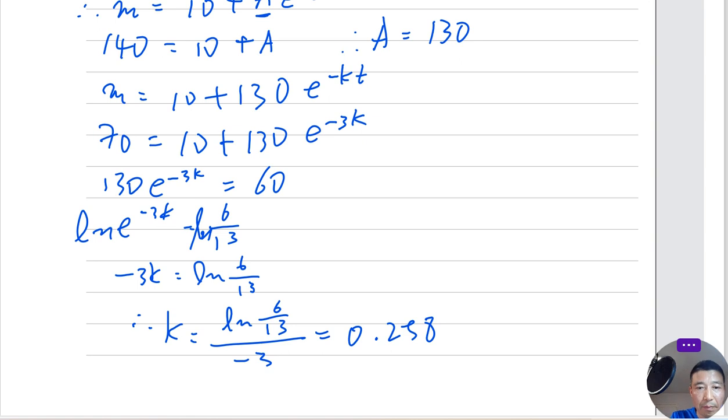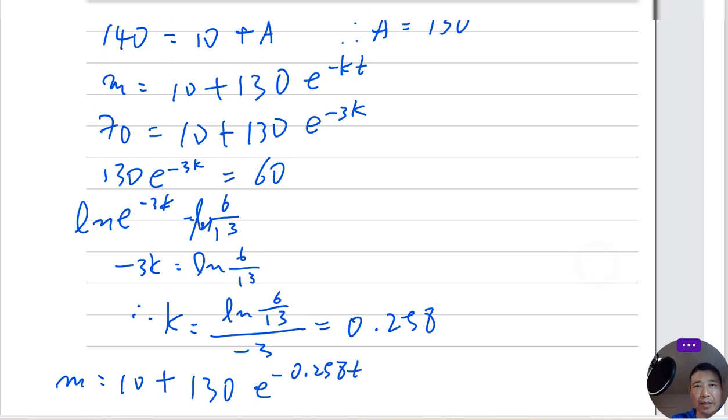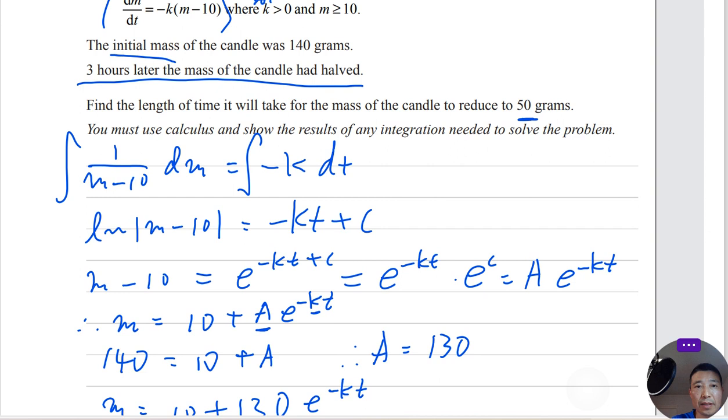So I complete the equation, which is m equals 10 plus 130 e to the power of negative 0.258t.